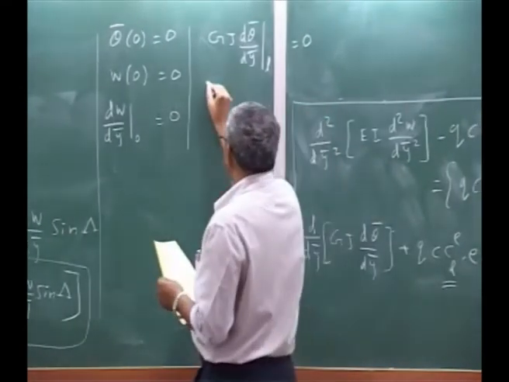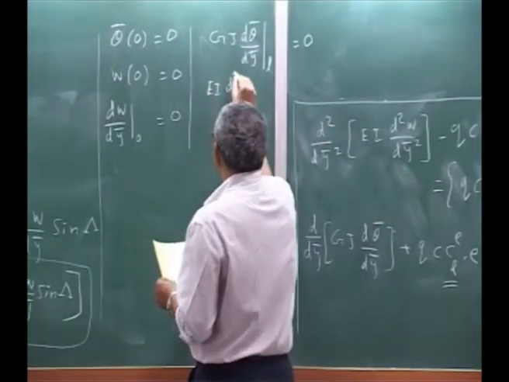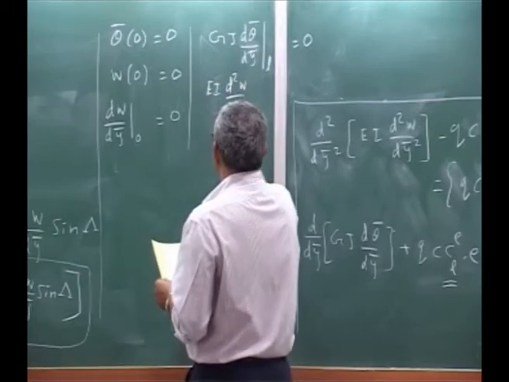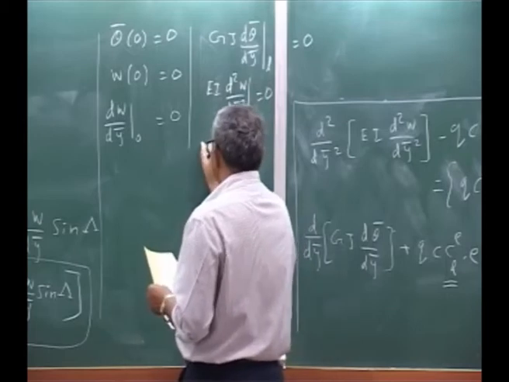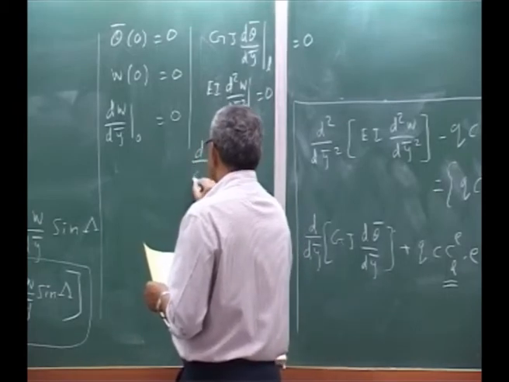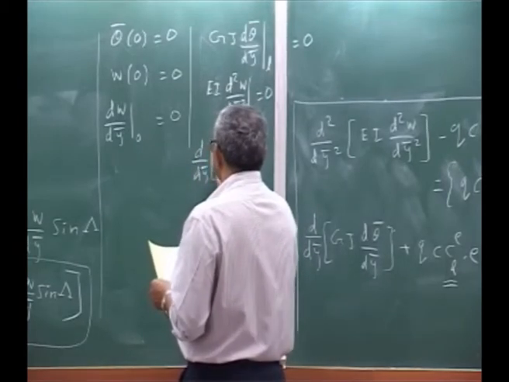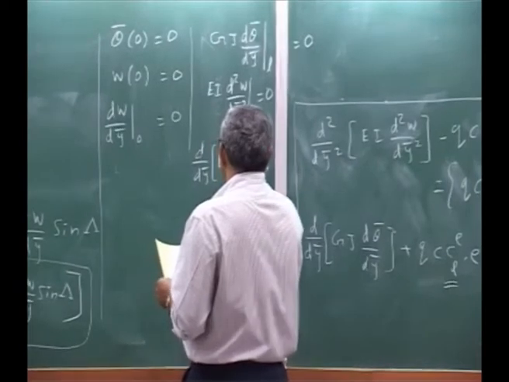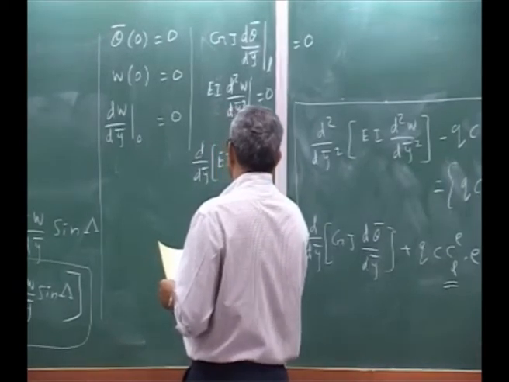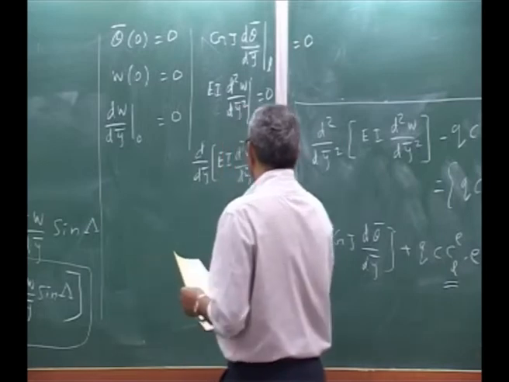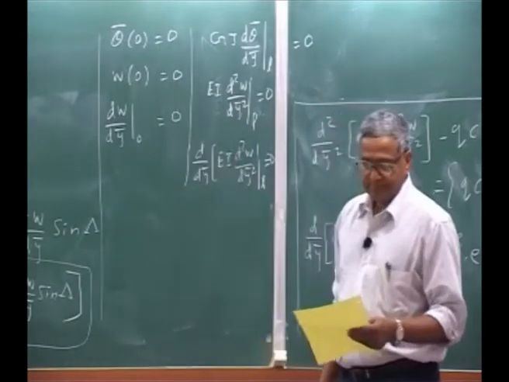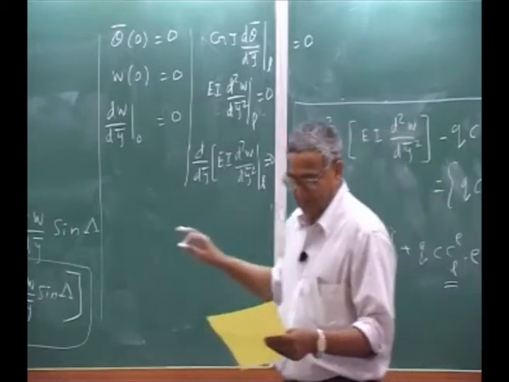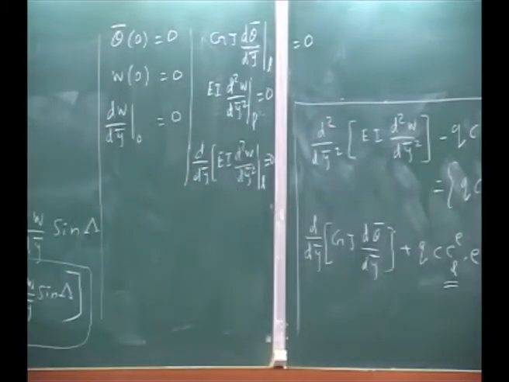And then you will have EI d square W by dy bar square is 0 at L, and d by dy bar of EI d square W, that is the shear force at the other end, is 0. Now this forms the complete set of equations.